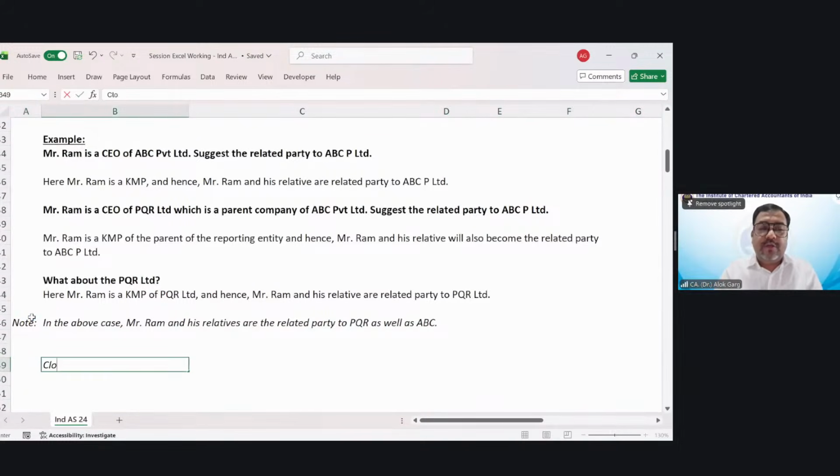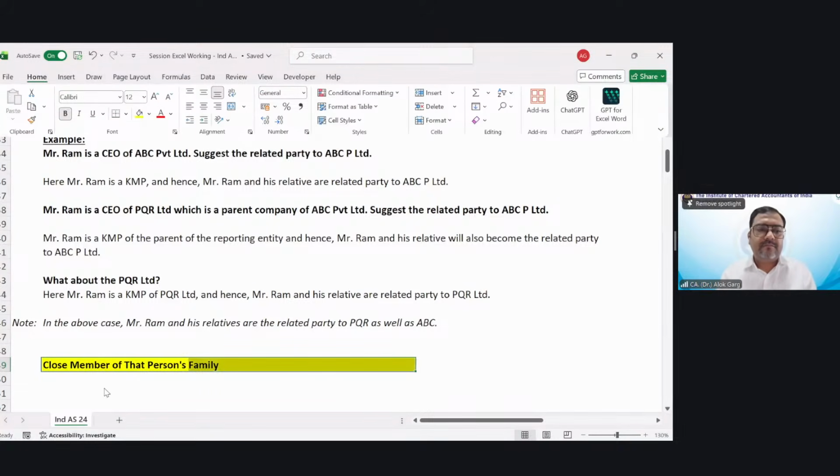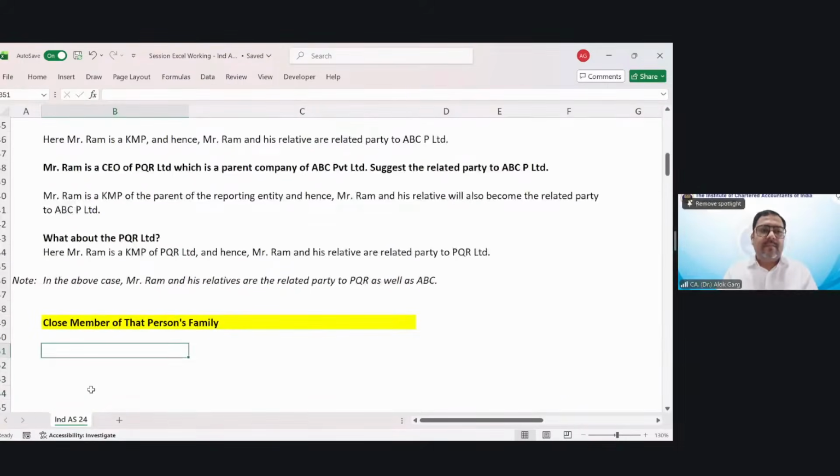Close member of that person's family. Mr. Ram is a related party to ABC Limited.